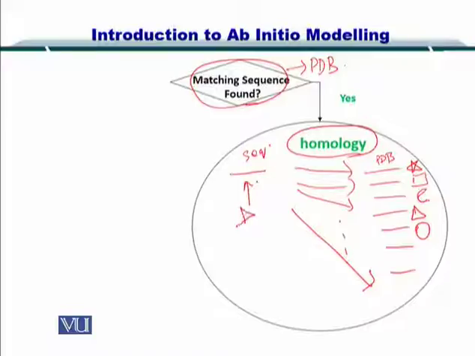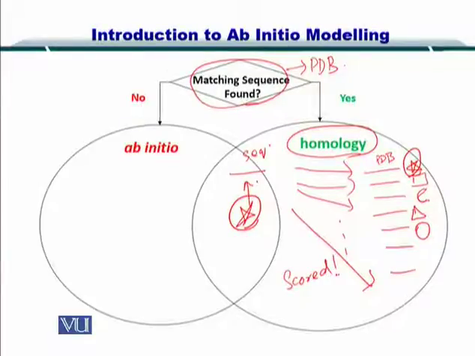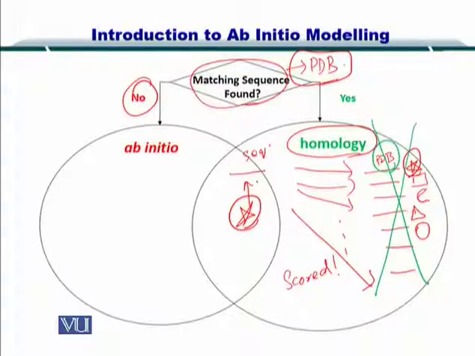If you selected one structure, then you scored this match. However, there was a situation where you could not find these proteins. If these proteins were not found in the PDB, then you had no choice except to move to ab initio modeling.